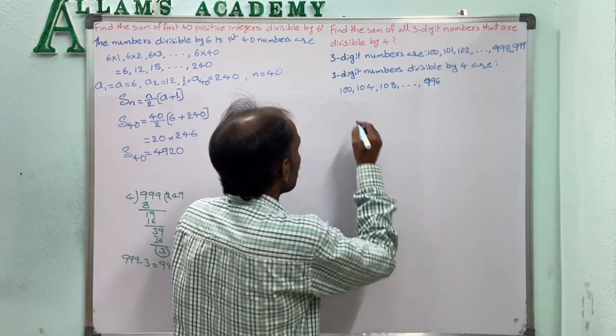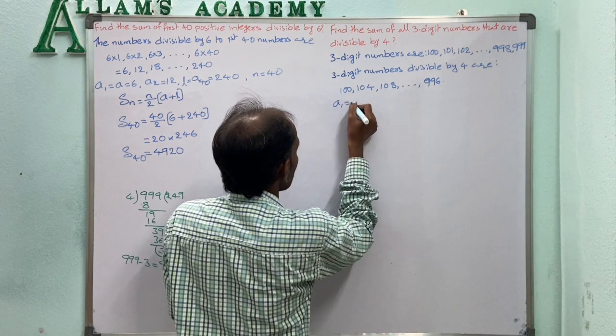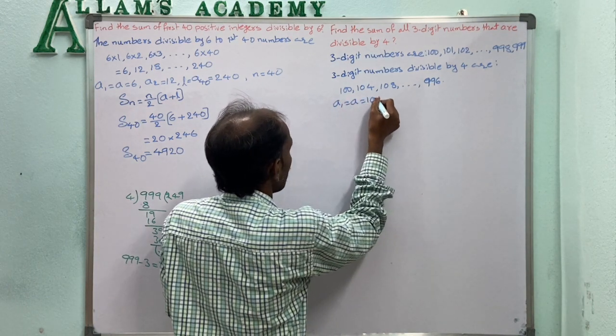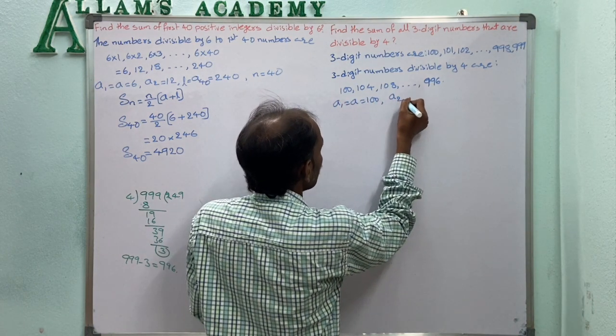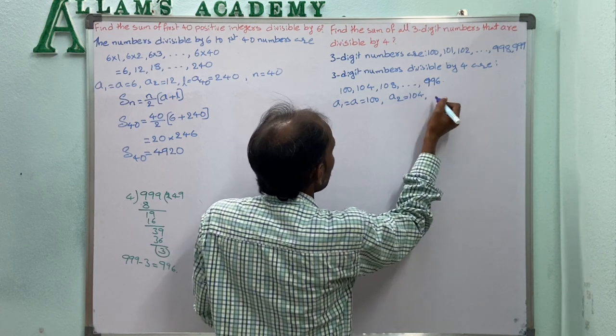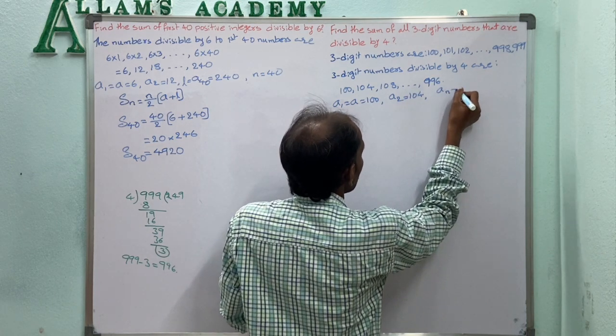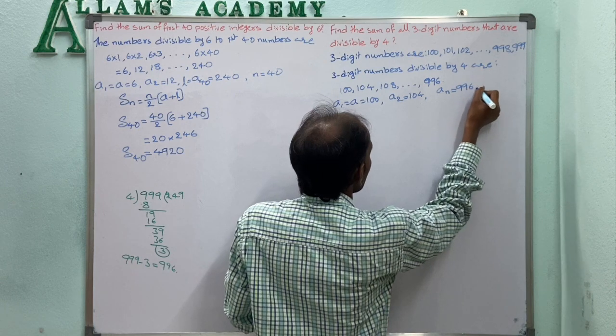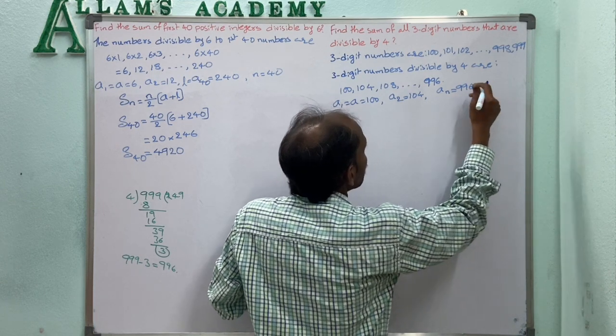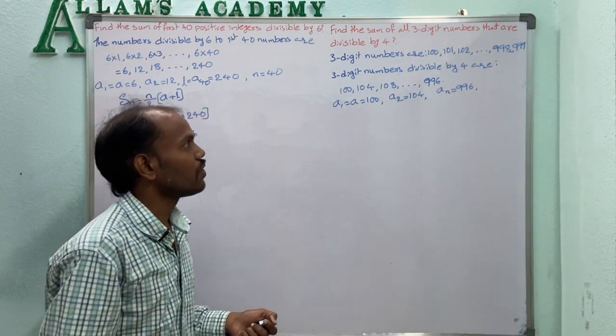Now here the first term a1 is equal to a equal to 100 and the second term a2 equal to 104 and the nth term an is equal to 996, and here the n value we have to find.